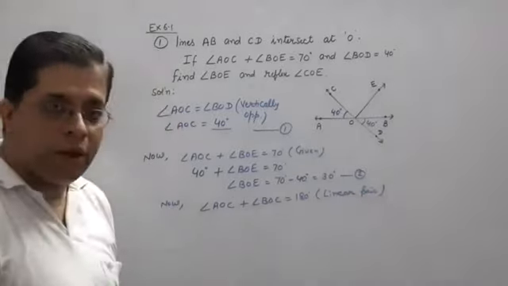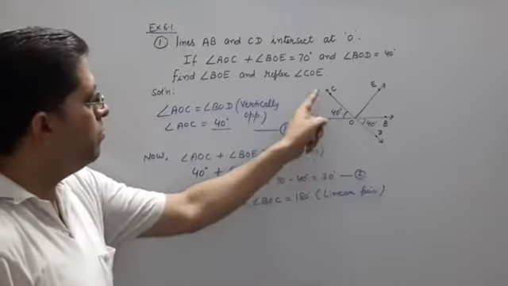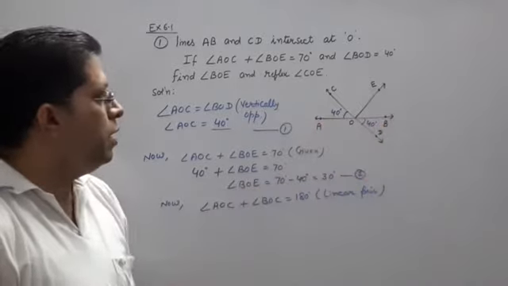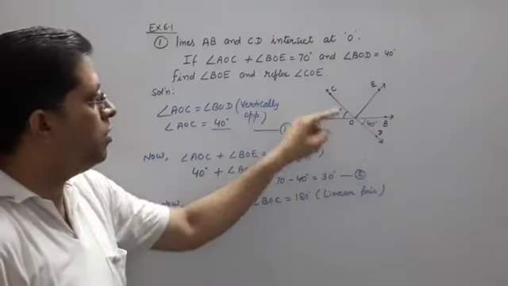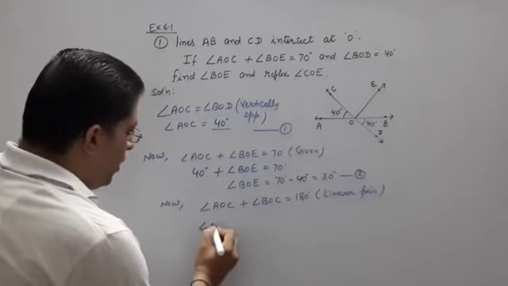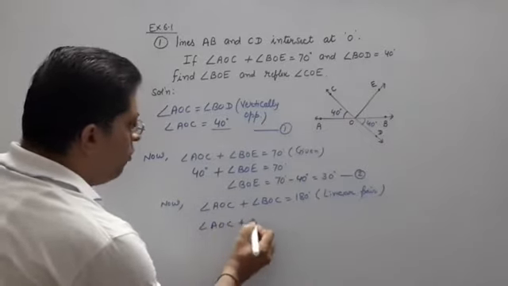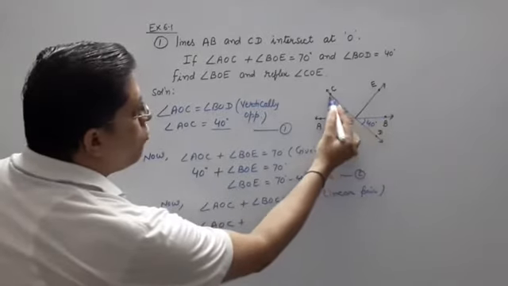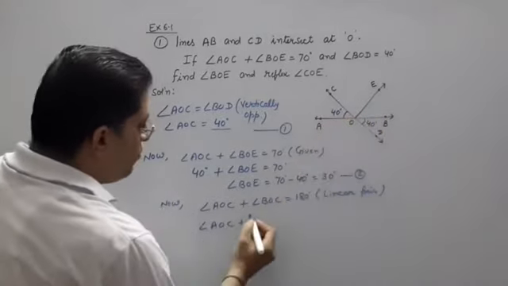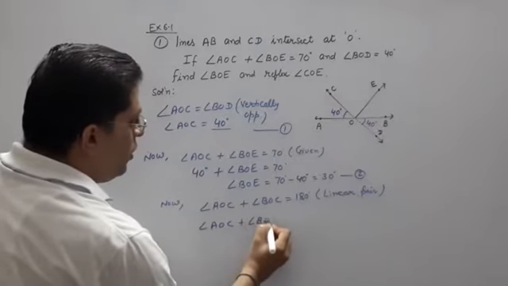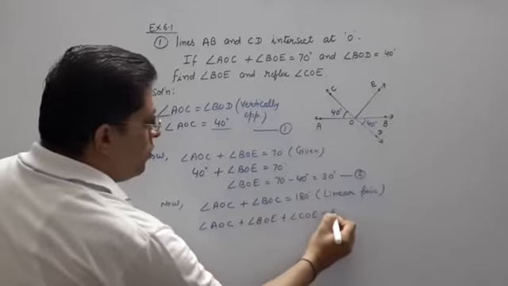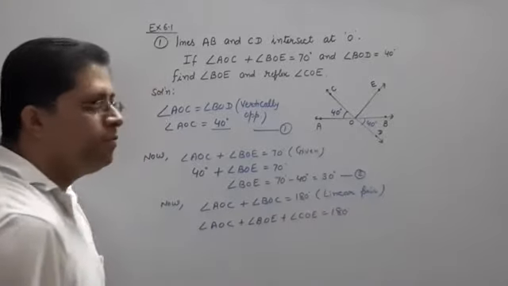Okay, by linear pair axiom, OC is a common arm. AOC plus BOC is equal to 180 degrees. Okay, what can I write about BOC? BOC, can I write BOE plus COE? Angle BOE plus angle COE is equal to 180 degrees.